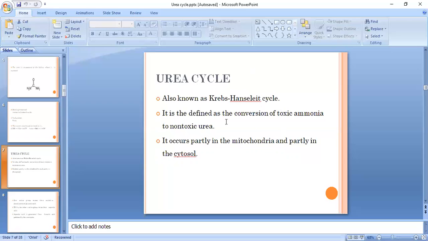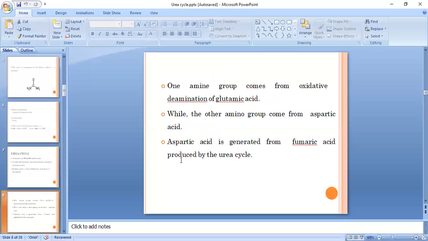The toxic ammonia, obtained by oxidative deamination, is converted into non-toxic urea. The majority of the reactions take place in the mitochondria, and some part of the reactions take place in the cytosol of the cell.